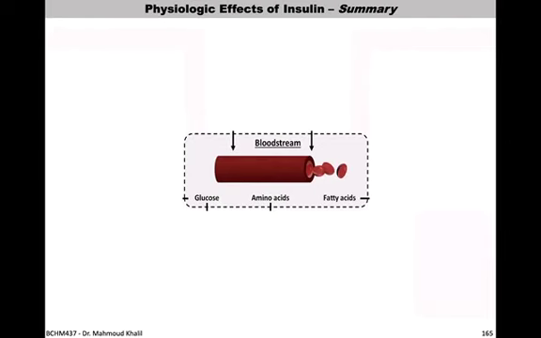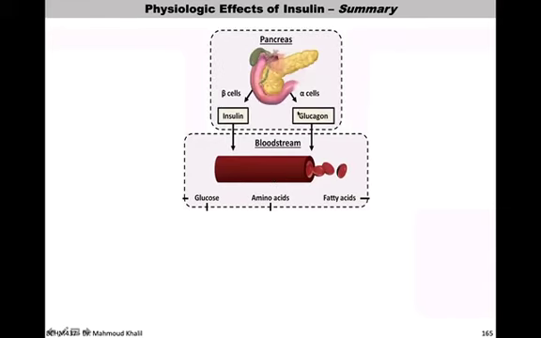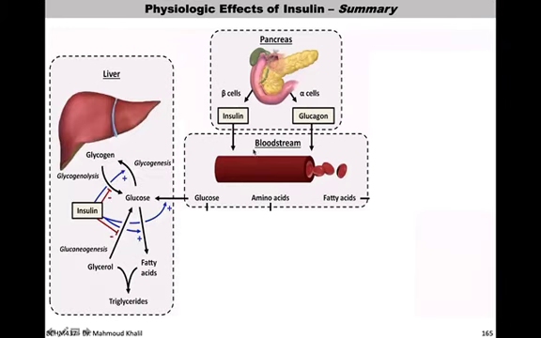And we can see here you have a blood vessel, and you can see that the pancreas has two types of cells, alpha and beta. It's a summary as well. Alpha cells secrete glucagon, beta cells secrete insulin directly to the blood.